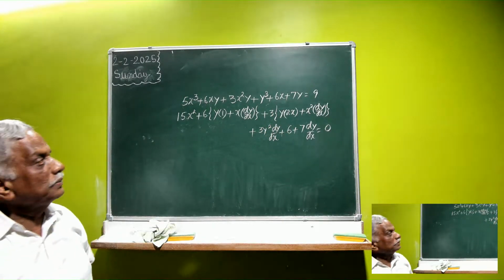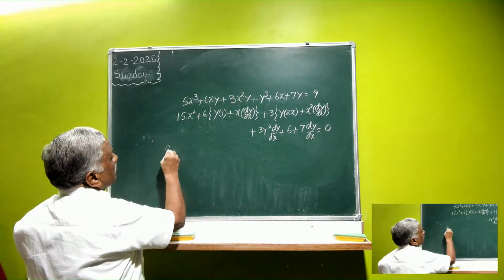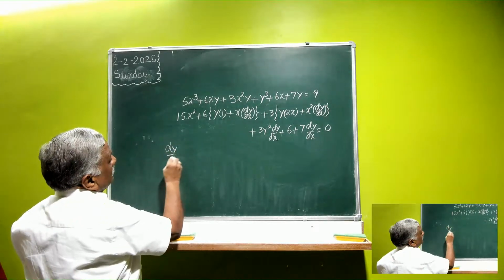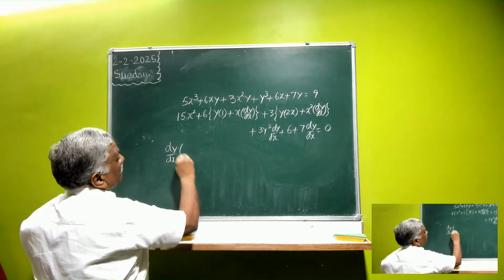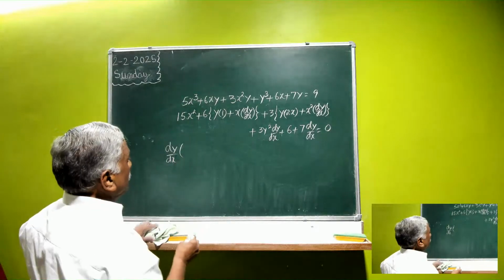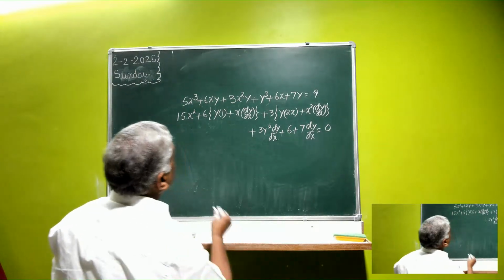The problem is not over. We have to group the terms containing dy by dx. Which are the terms containing dy by dx? No, first let us simplify that and then group it.